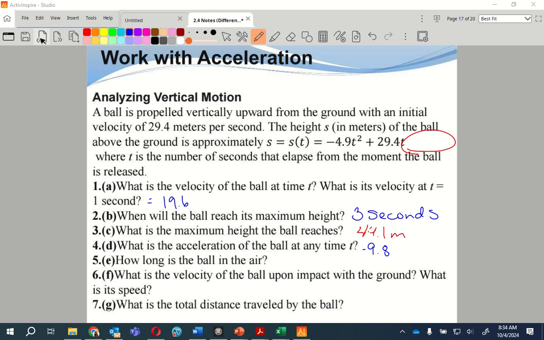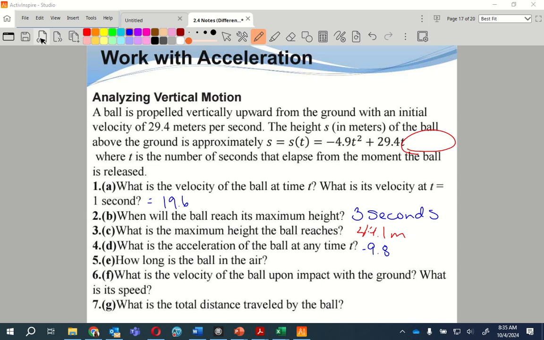How long? Okay, so if it's how long, it means I'm looking for a t, right? So I'm looking for time. And what would my position be if it's in the air? My position tells me how high.